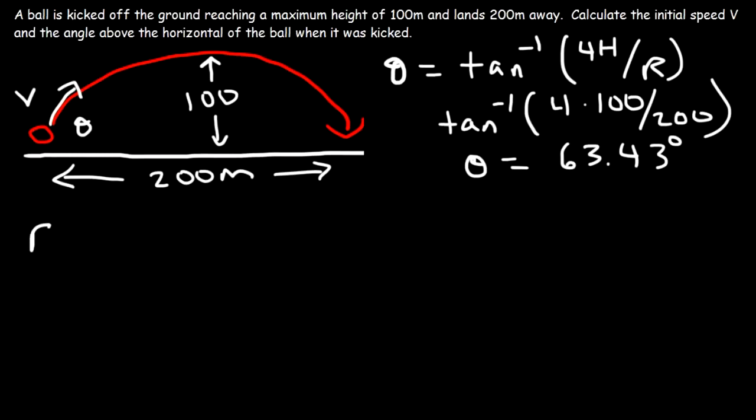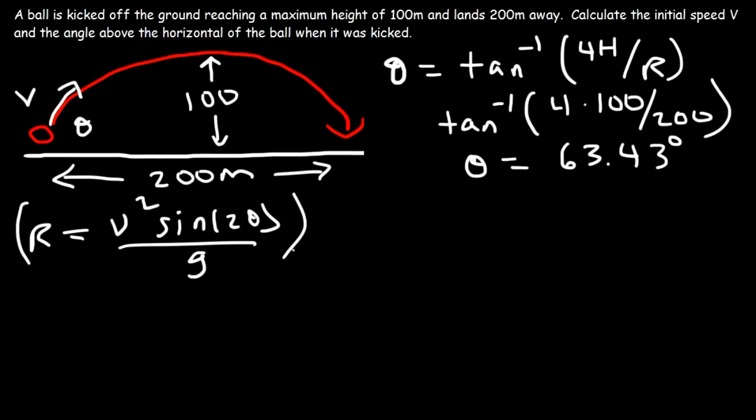Now we know that range is equal to v squared sine 2 theta over g. Solving for v squared, we need to multiply both sides by g over sine 2 theta. If we do that, on the right side, these two will cancel, and also those two.